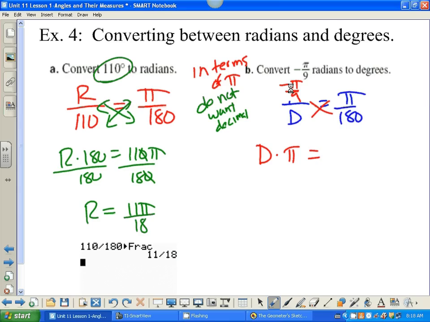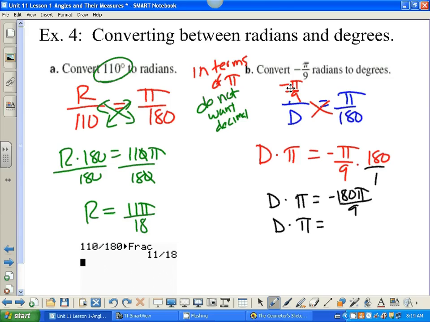Degrees times pi is going to equal negative pi over 9 times 180. I might write out more steps than you need, but degrees times pi is equal to negative 180 pi over 9, because I just multiply the tops together and the bottoms together. And then negative 180 divided by 9 is going to give you negative 20 pi.